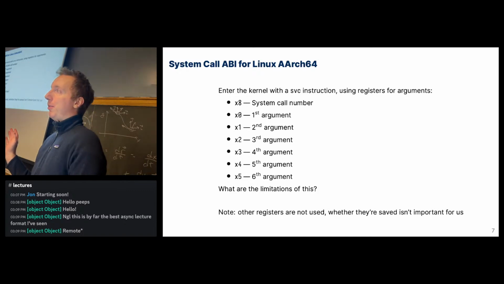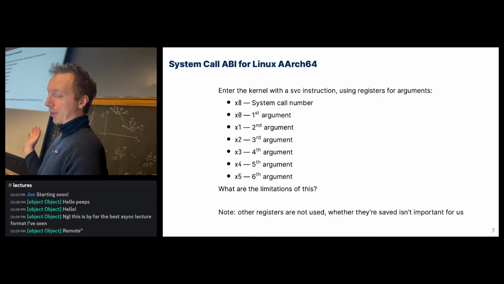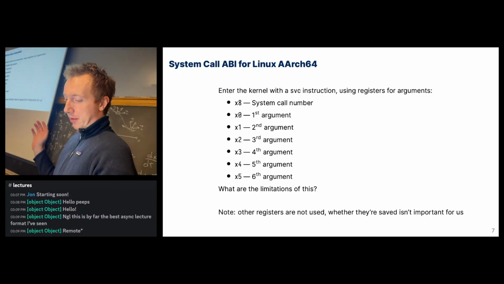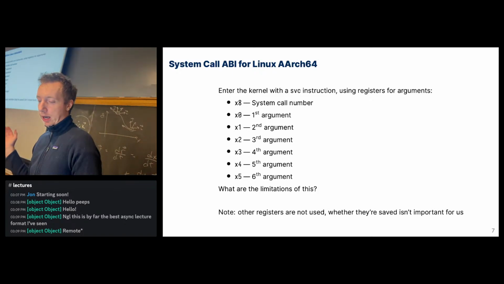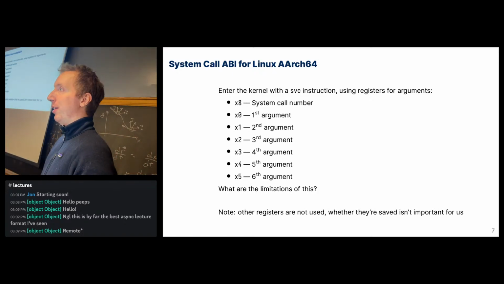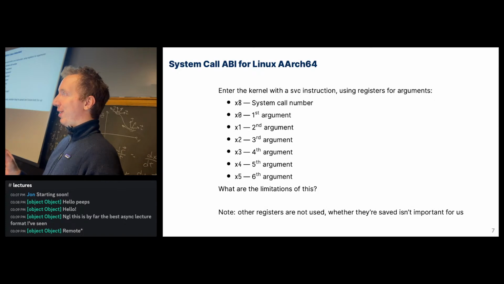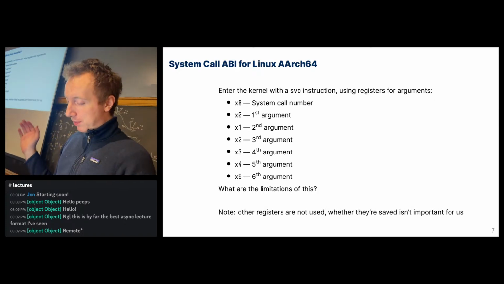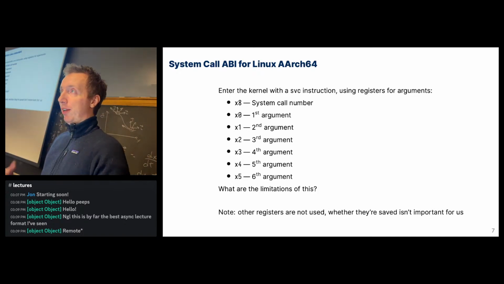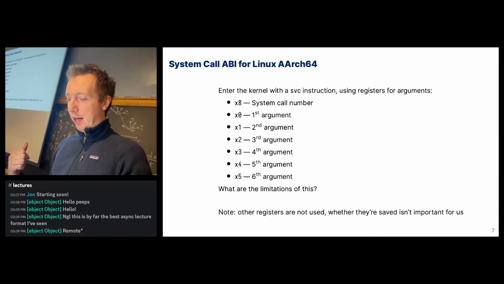And the ABI passes arguments in registers. The machine has a bunch of registers, but it only uses 7 for system calls. In the X8 register, the number that's there specifies what function to call. They're just randomly assigned numbers. And then you are allowed to have up to 6 arguments, X0 to X5.